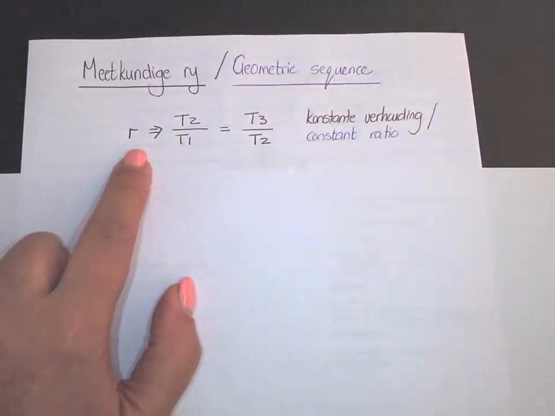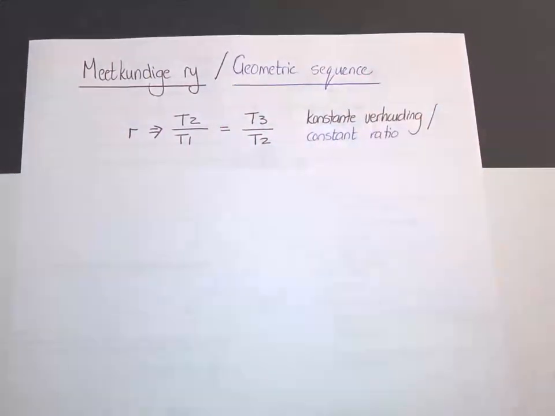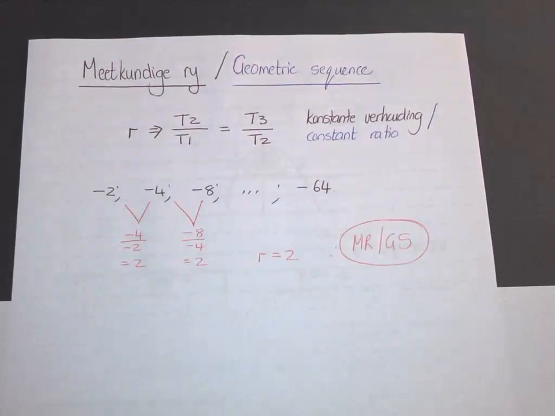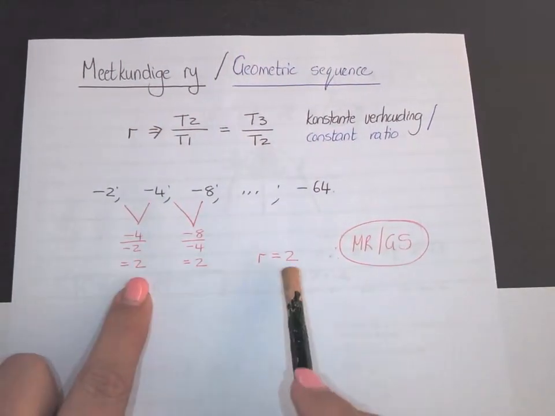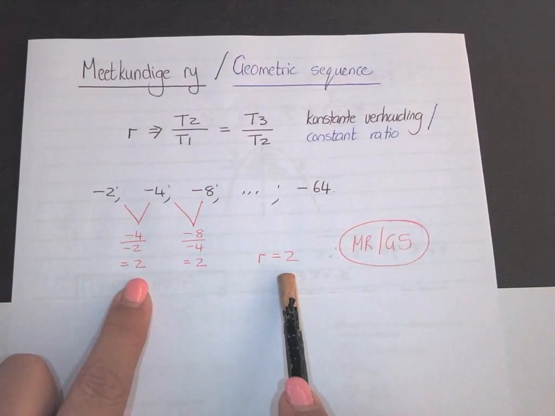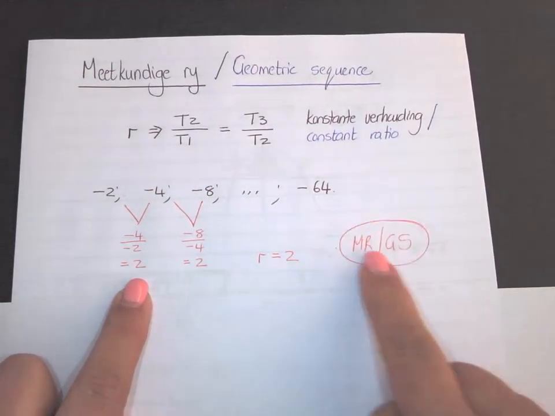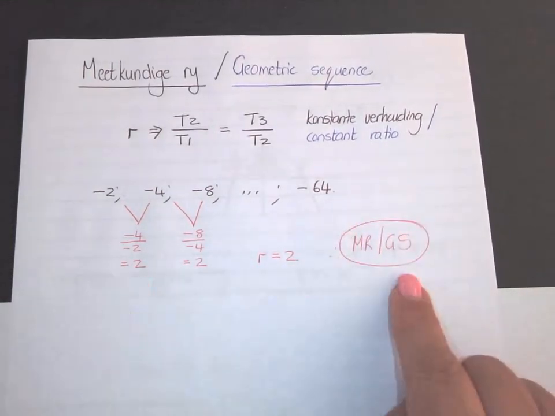When you've identified your sequence, whether it's linear or arithmetic or geometric, then you know which formulas to use on that sequence. Okay. If you have a sequence like that, and you calculated your R, your ratio, always write in a circle which kind of sequence you are working with, geometrical.